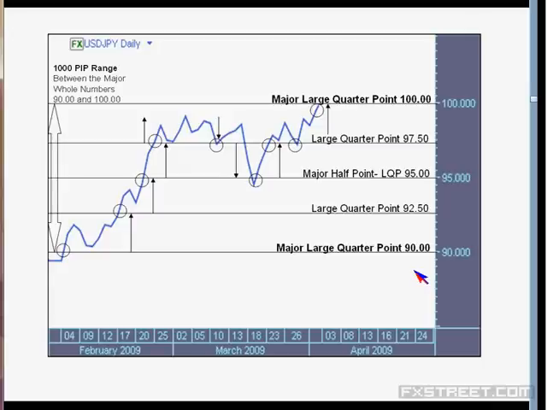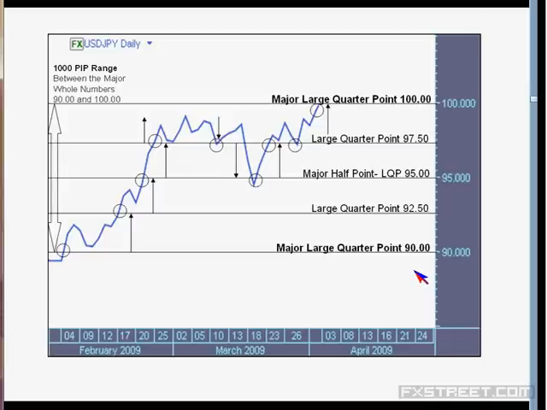When a targeted large quarter point is reached, a large quarter of 250 pips is considered as completed. If prices fail to complete a large quarter, the unsuccessful completion of a large quarter usually causes a reversal that takes prices back toward the preceding large quarter point.